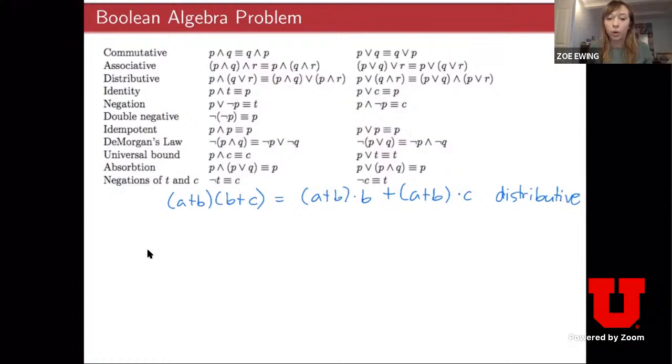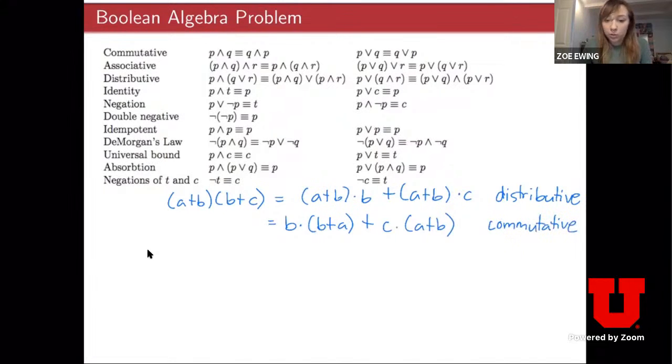We want to eventually use absorption because we can see these two B's next to each other. We can use the absorption property, but in order to make it look more like our absorption, we just need to rearrange and say B times B plus A plus C times A plus B. And that is with the commutative.